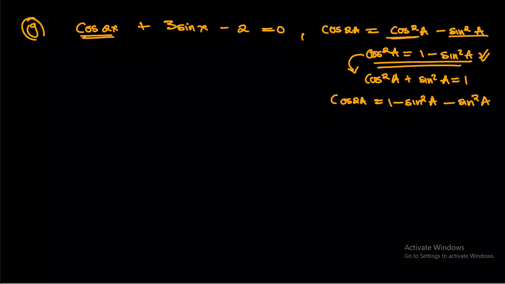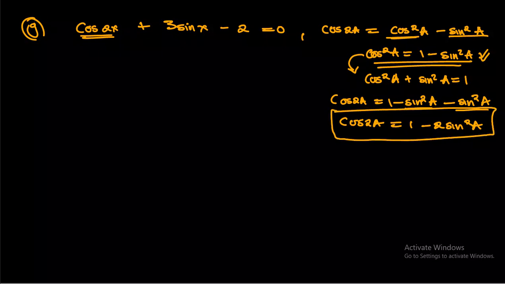So cos 2a is no other than 1 minus 2 sine squared a, since these two are one and the same. So this is a double angle identity. So we have this one and this one.